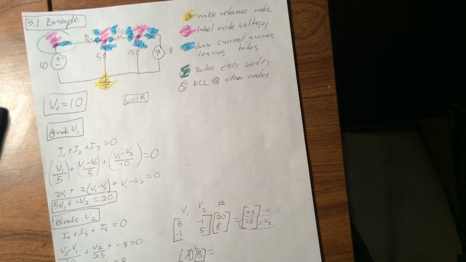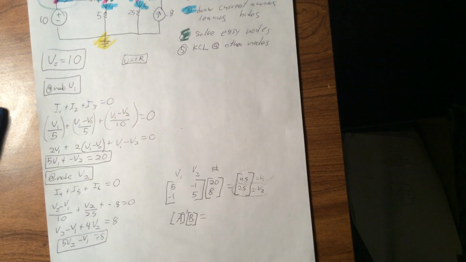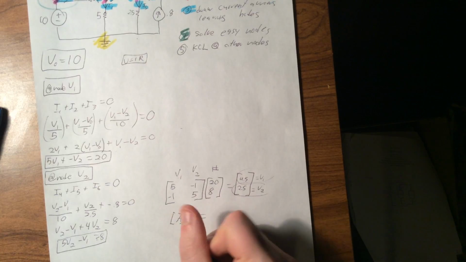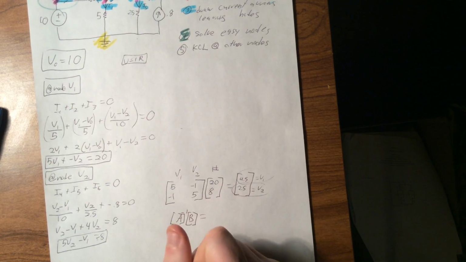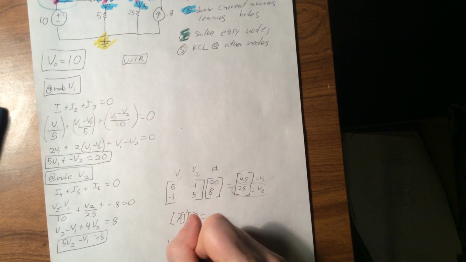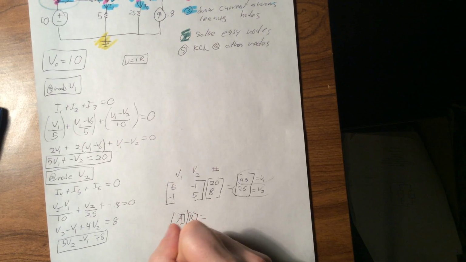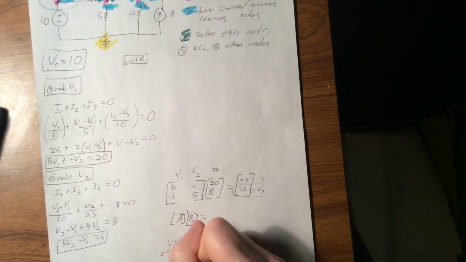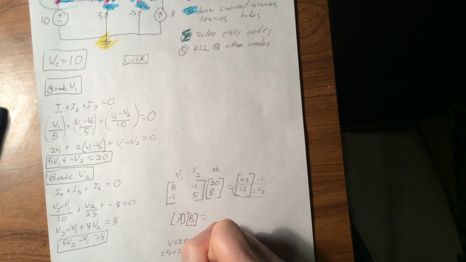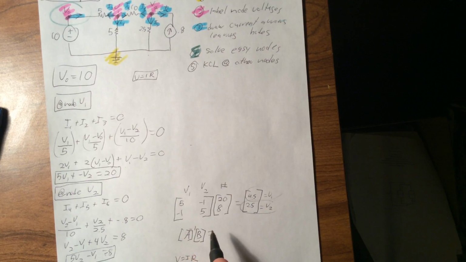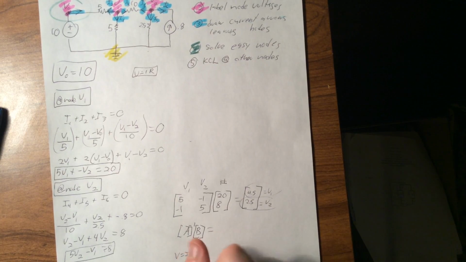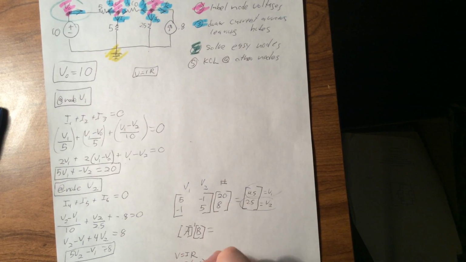And then I think the problem asks for power as well. So if we want to get some power out of that, all we have to do is do Ohm's law first. V equals IR. We've got 2.5 equals I times 2.5. Okay, that's going to be I equals 1.